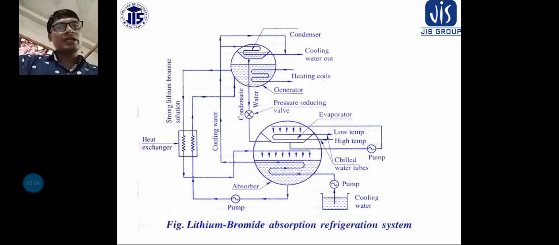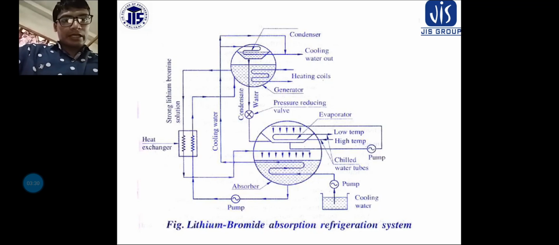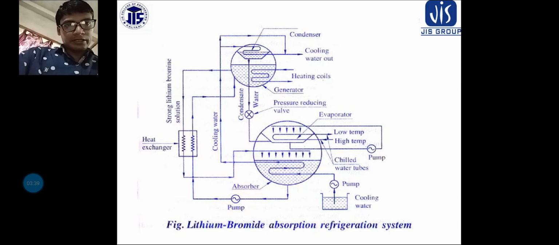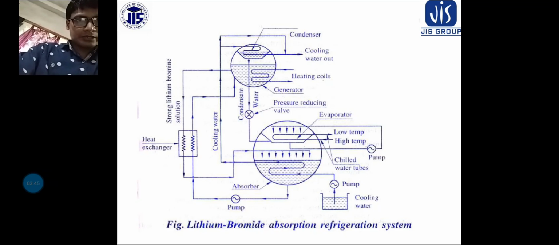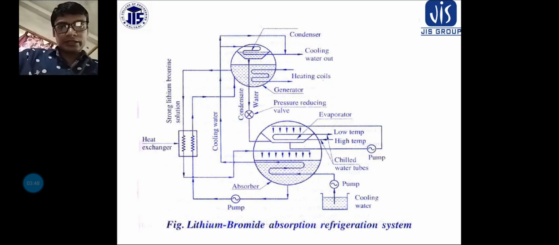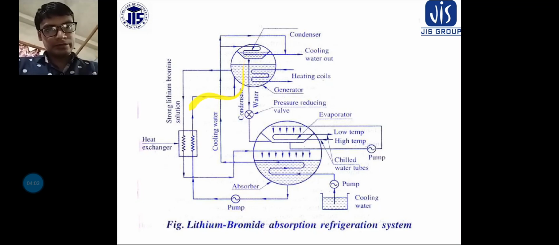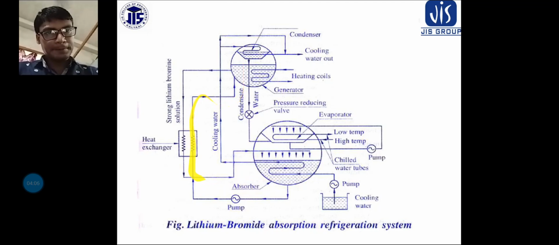Now in the evaporator there is a tube bundle, and by the help of evaporative cooling the heat is taken out. In the absorber, the weak solution comes from the generator through this way.